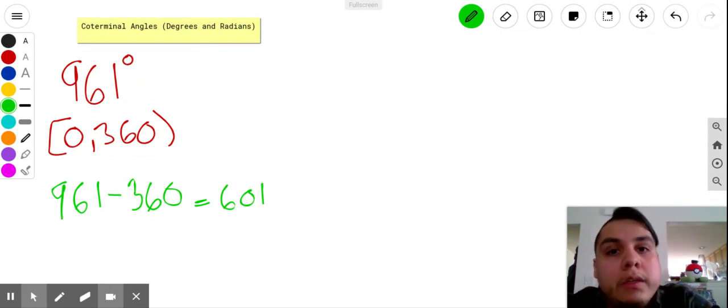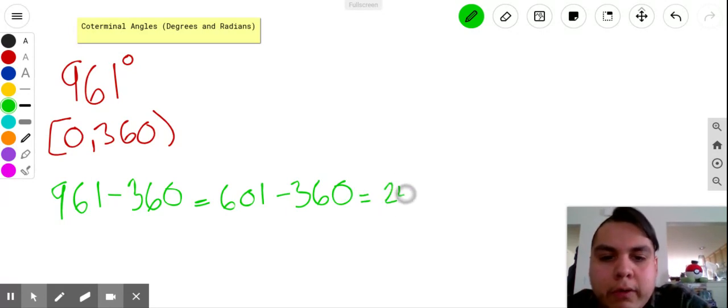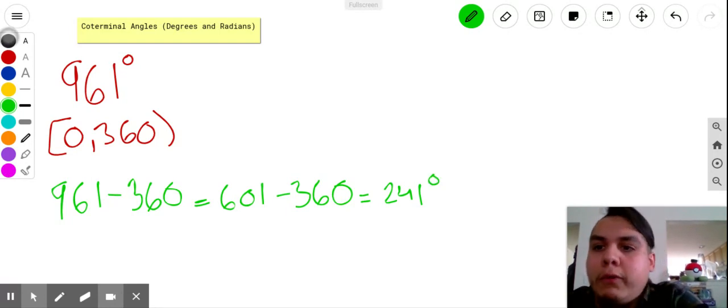But the issue is that the 601 that I got doesn't fit within the interval I was given. So I'm going to subtract another 360, and that'll get me down to 241, so 241 degrees. So that's the answer that I'm looking for.